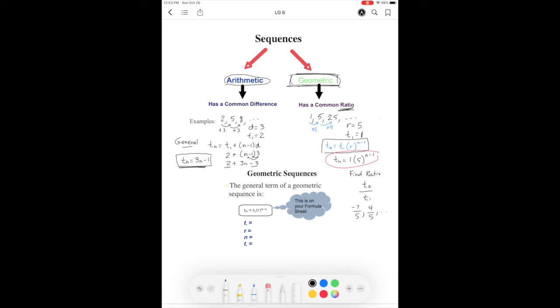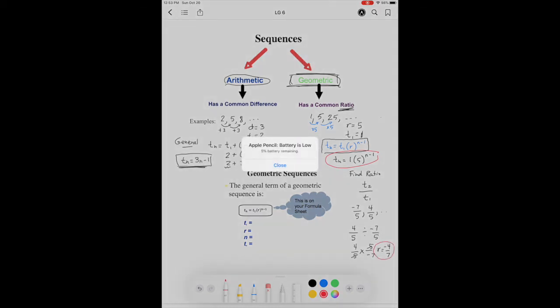So you must do term 2, okay, divided by term 1. Now I don't have a calculator, so I have to do the old-fashioned way, kiss and flip. And then these can cancel out. So the ratio is -4/7. All right, so that's kind of handy to know.